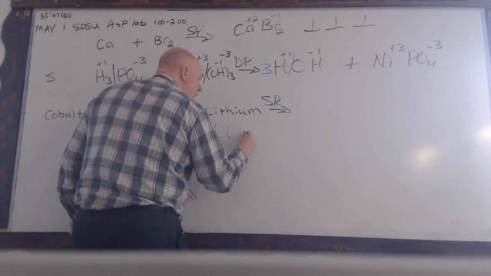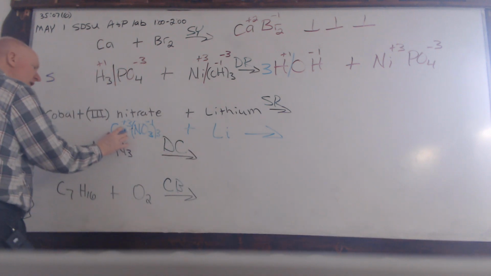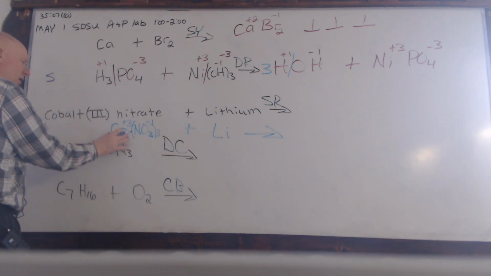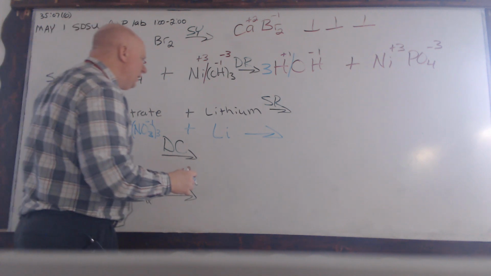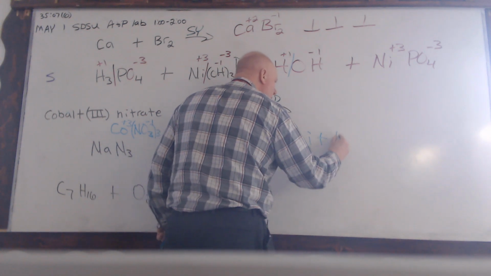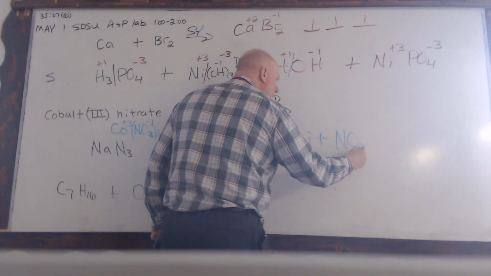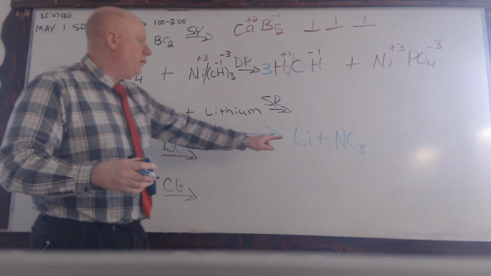So in a single replacement reaction, this is going to replace the positive ion here, which is the cobalt. So that gives us lithium plus NO3. And that 3 is coming over here because it's part of the formula.